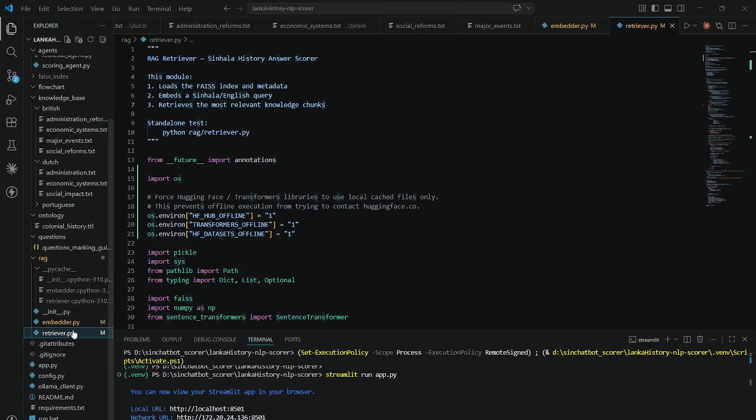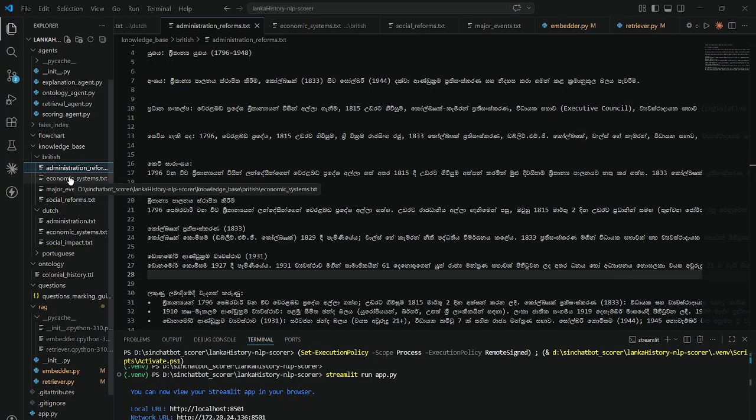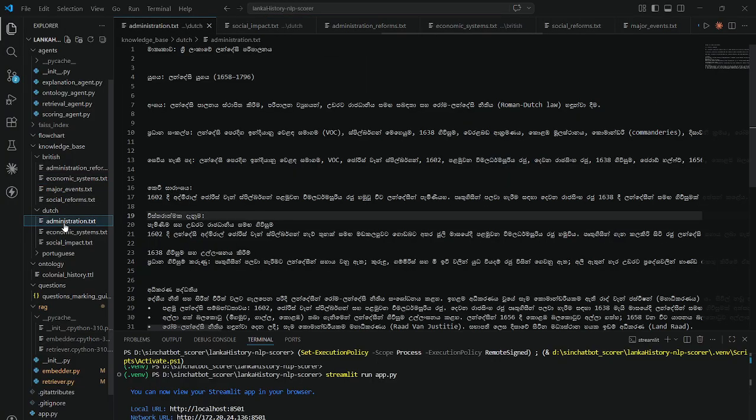Now, discussing the knowledge base and questions. The knowledge base contains Sinhala UTF-8 history files organized by colonial era. These files are the local evidence sources for the RAG system.